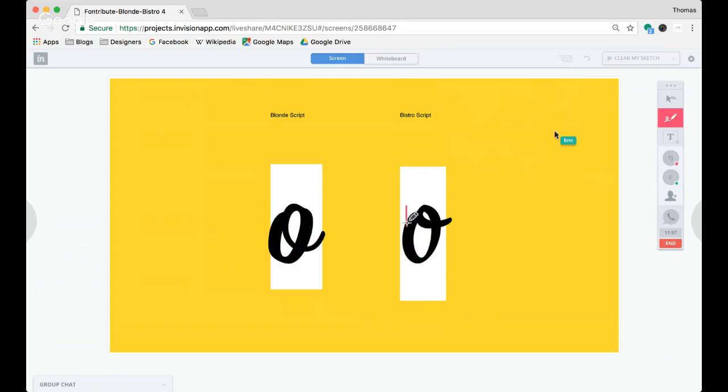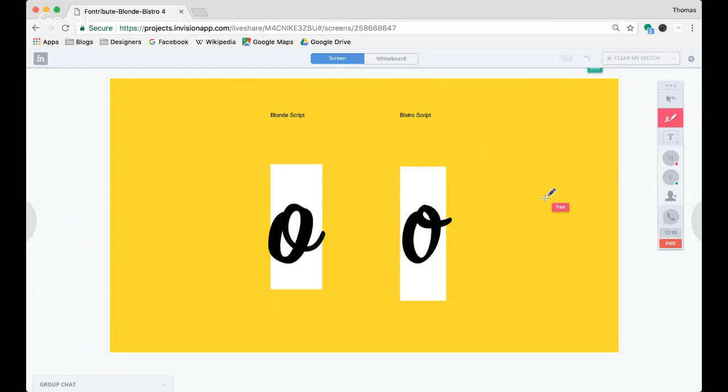So that's going to be interesting to see. It definitely is not the same consistency of pattern that Blonde's script is giving us so far. Yeah, it is more upright, like you were saying, and it's also interesting to see the thickness of this stroke here versus how thick that is.